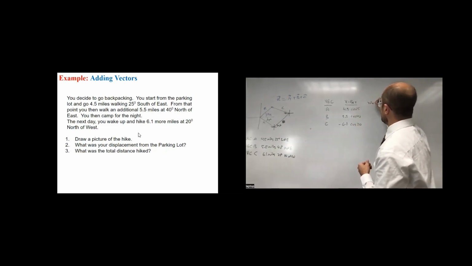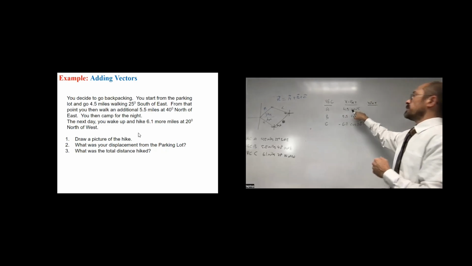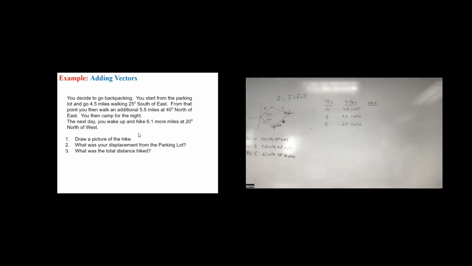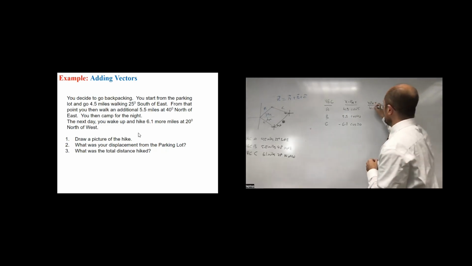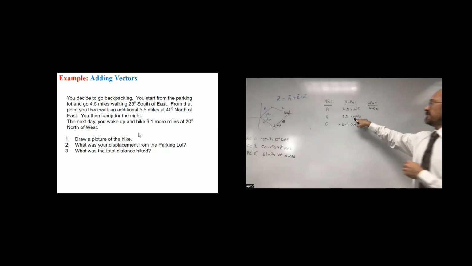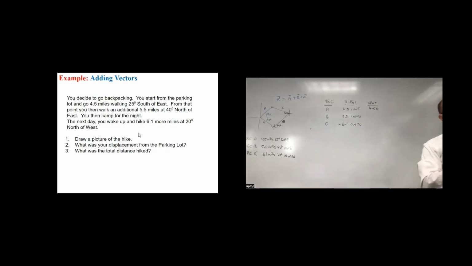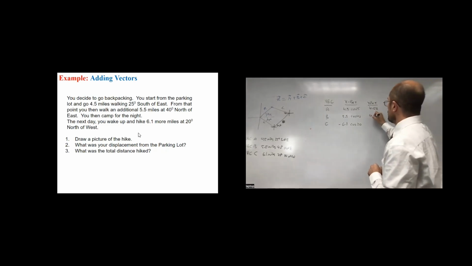So then we can calculate what's 4.5 cosine of 25. We need to calculate these numbers. What's 5.5 cosine of 40? 4.21.